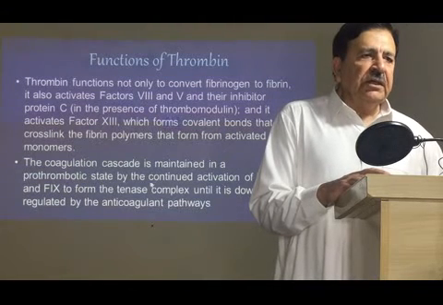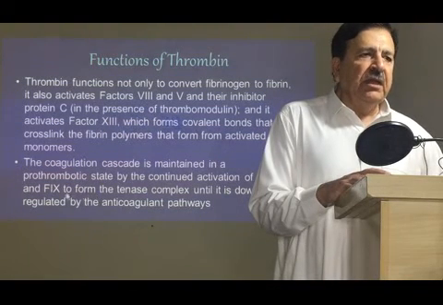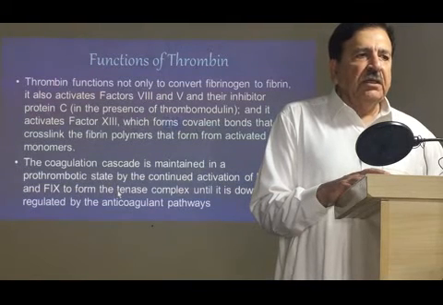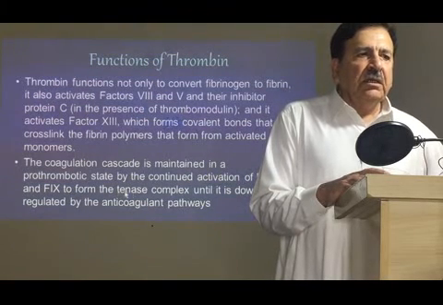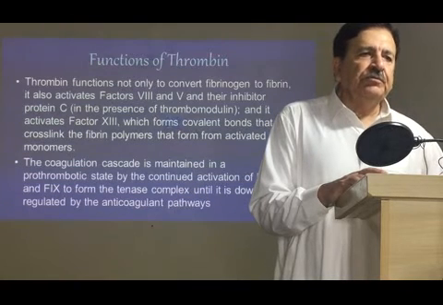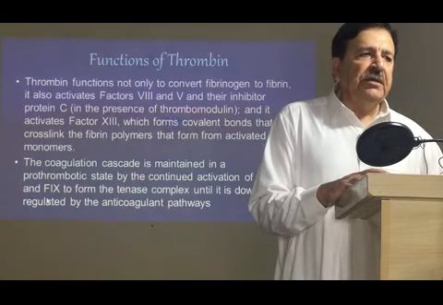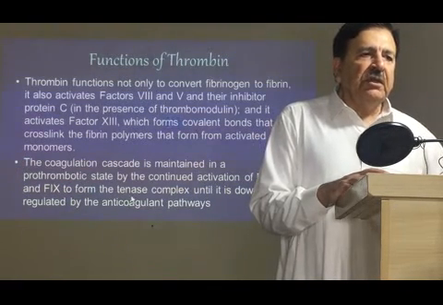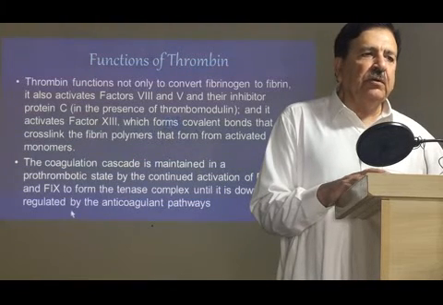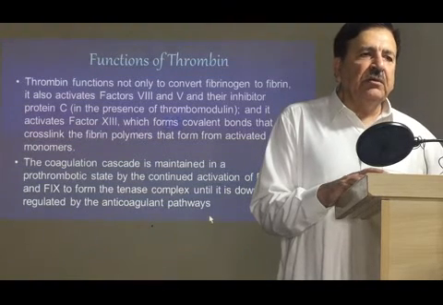The coagulation cascade is maintained in a prothrombotic state by the continued activation of factor 8 and factor 9 to form the kinase complex until it is down-regulated by the anticoagulant pathway.